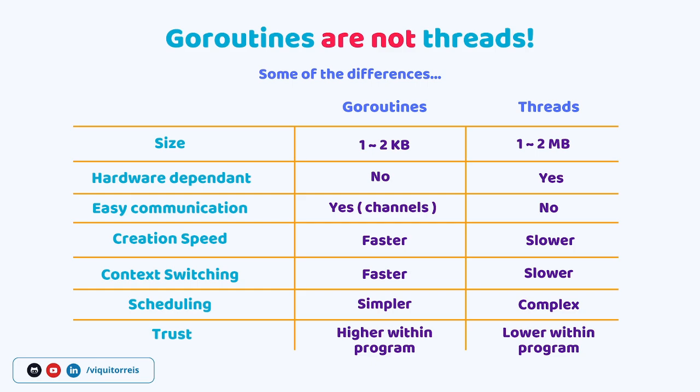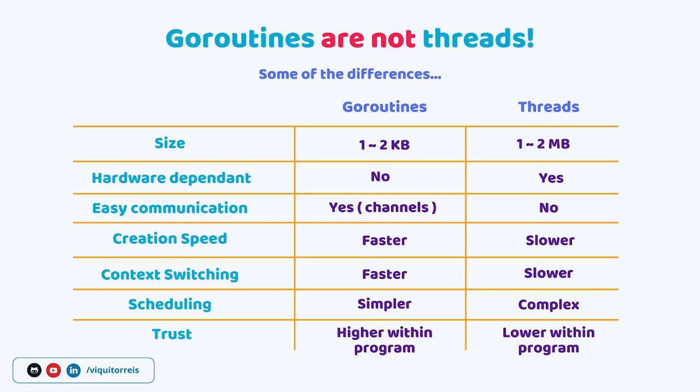We also have the ease of communication. In goroutines, you have channels. In threads, you have much more complex ways to communicate. Yeah, with goroutines you can communicate in other ways, but it will be primarily with channels. Okay. In OS threads, you have a much more complex system to communicate.